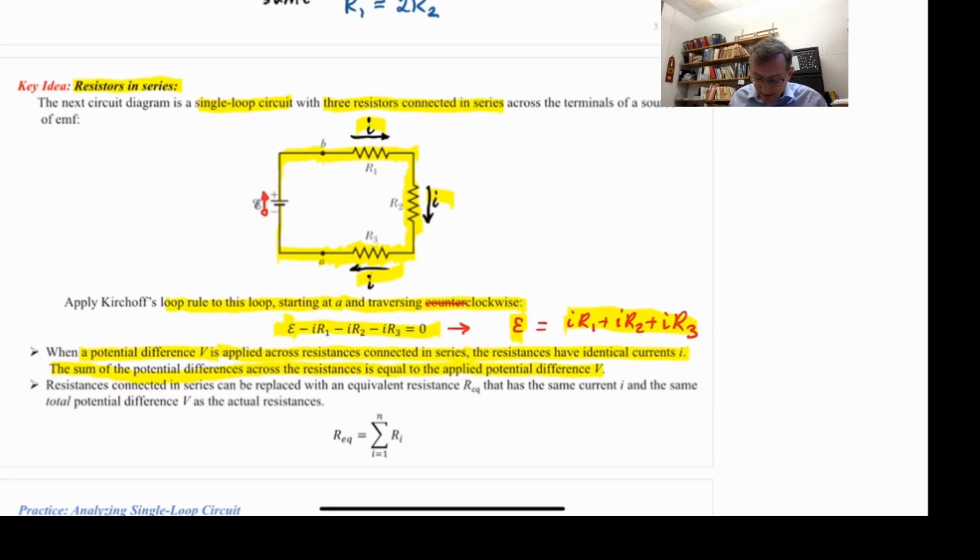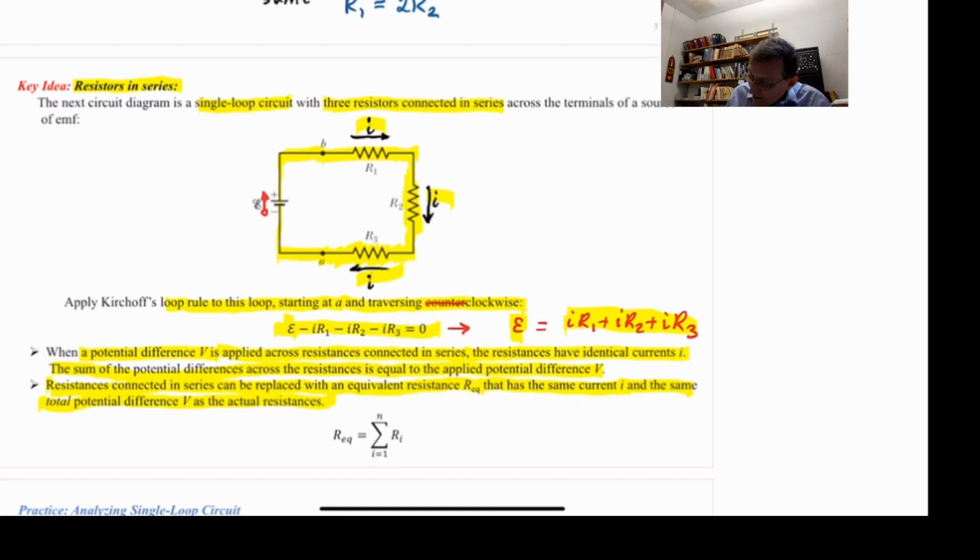All right, here comes the next big thing. Resistances connected in series can be replaced with an equivalent resistance, Req, that has the same current I and the same total potential difference V as the actual resistances. And here's the formula for obtaining that equivalent resistance.